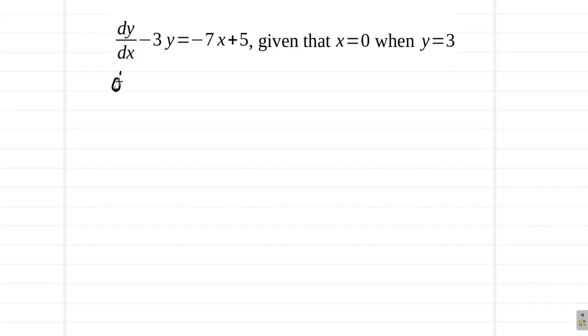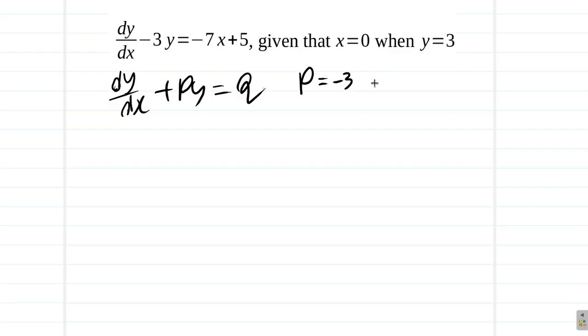It is in the form dy by dx plus py equals q, where p is negative 3 and q is negative 7x plus 5. That's negative 7x plus 5.